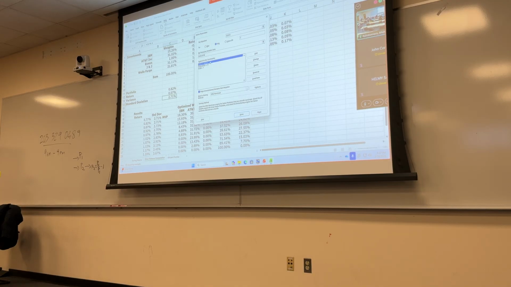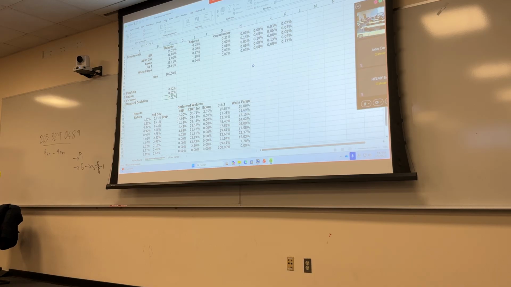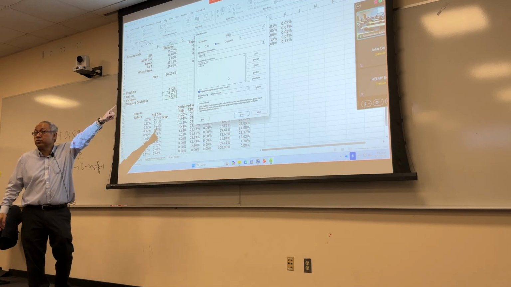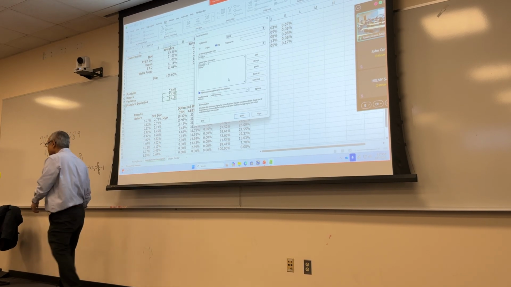We want the safest possible portfolio, period, regardless of return. So I click on it, and then guess what I'm going to click? Delete. There you go. Now, you will have to add these two constraints. How do we do that? Well, here it is.